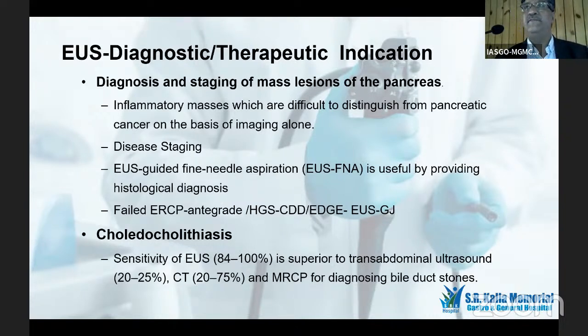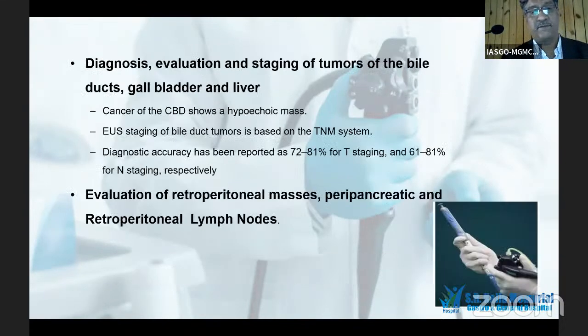That is the area where, because we are right there, we have a 12.5 megahertz probe right near the lower end of the common bile duct. We can see it there. If there is a stone, we convert to ERCP and complete the procedure. Therefore, the need for MRCP in our unit is no more there. The sensitivity is up to 84 to 100% for picking up CBD stones.